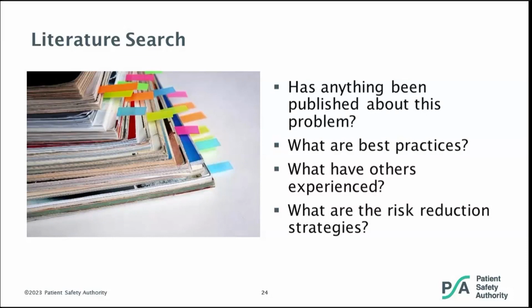What risk reduction strategies can your facility implement? Doing a lit search can also help validate that this has happened in other places, and so what can we learn about that? Using a lit search to find that can be really important to help guide you to how you're going to respond ultimately.